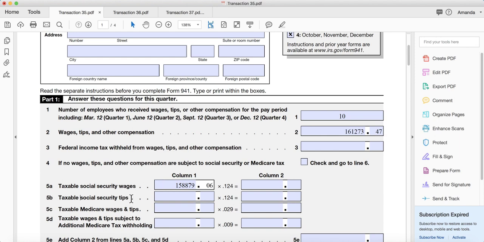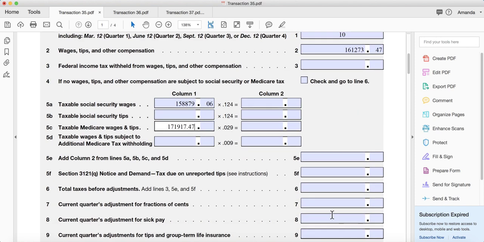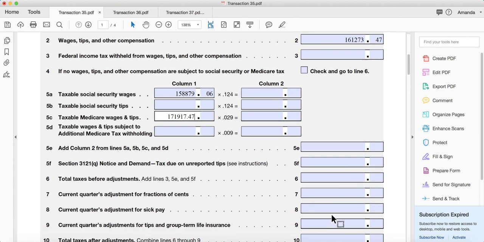We have no tips, so we're not going to have anything in box 5b. In 5c, we're going to take our full gross pay because there is no max on taxable Medicare wages. So that's going to be the 171,917.47. Do the math and then continue down through the rest of the form.